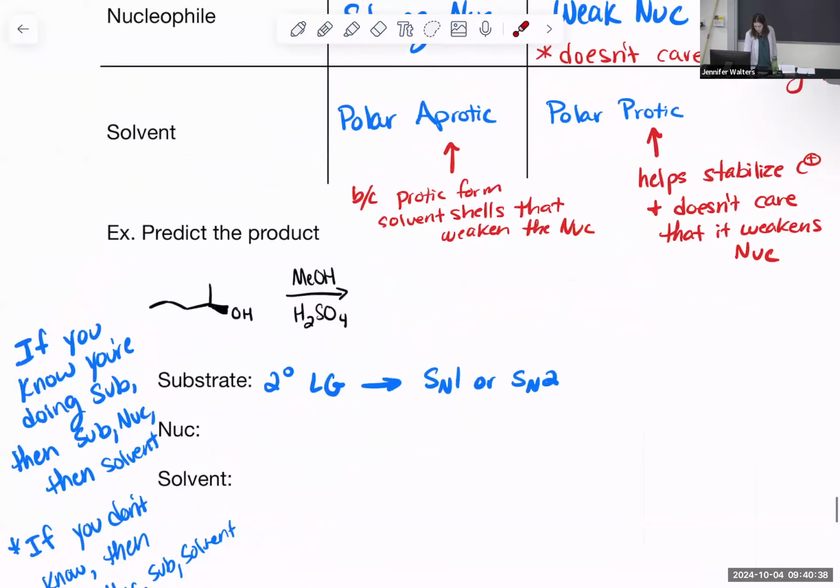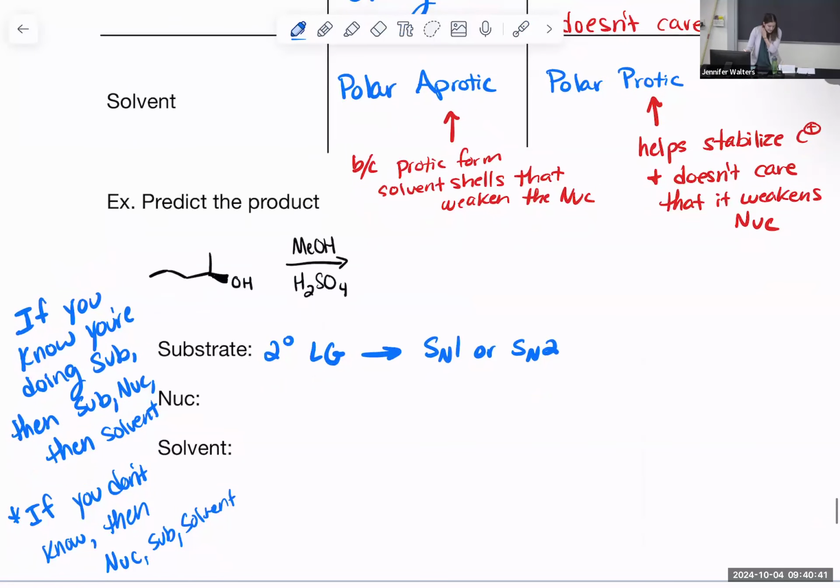So then we look at our nucleophile, and we see our nucleophile is going to be that methanol, right? That is a weak nucleophile because it is that neutral oxygen. If there's no negative charge, then it's going to be a neutral nucleophile or a weak nucleophile. So that tells me that it's most likely SN1.